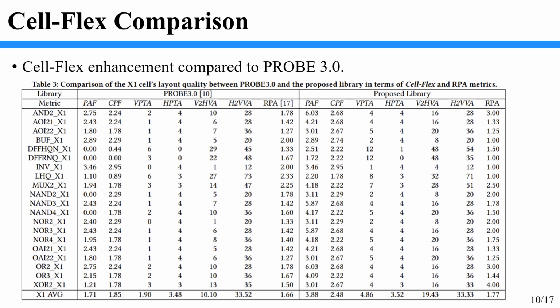As you see in this table, the average value of the PAF significantly improved from 1.71 to 3.88. However, RPA, the previous PNFS metric, is not that different. CPF increased a lot, and the TUF average is a little bit similar, but in the bigger cells like flip-flops, TUF increased a lot.